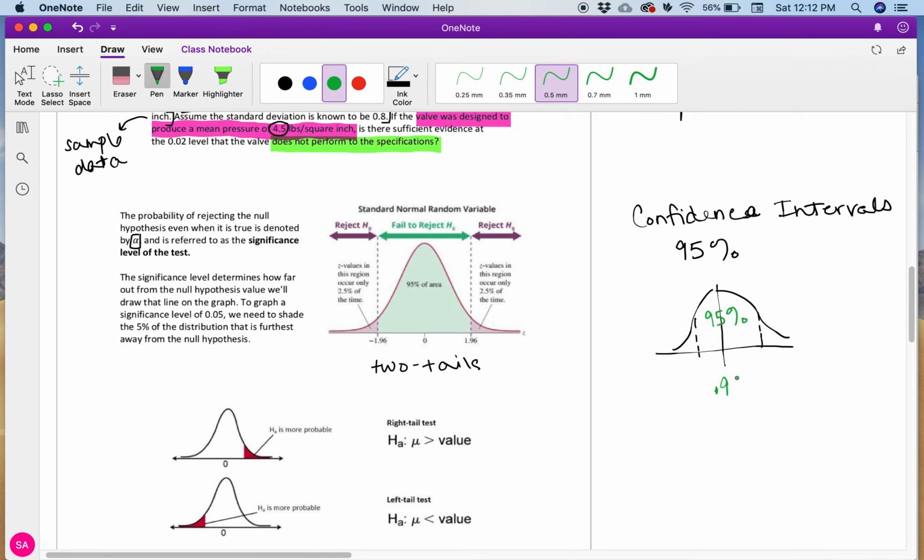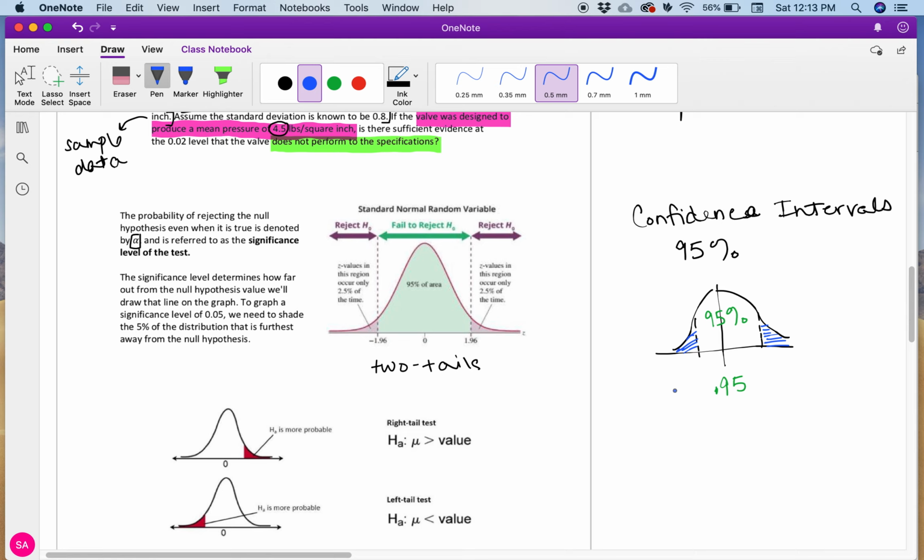Or, if we translate that to a decimal, 0.95. And then we had the area on the opposite side out here, we could figure that out. So like if 95% is in the middle, then 100% minus 95% gives you 5%. So that means there's 5% of the area in these two blue shaded pieces, right?